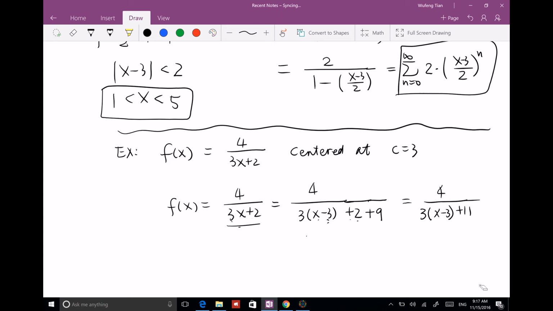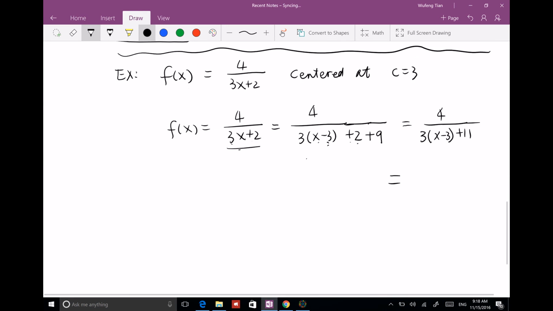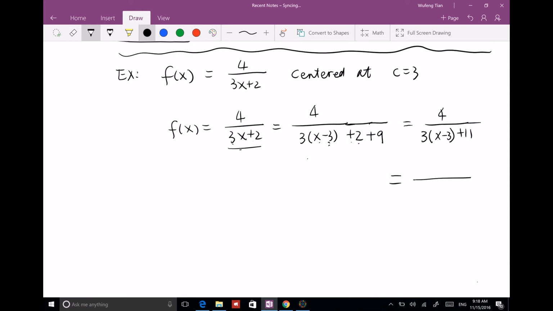So what's the next step? Did you divide it by a constant, which would be 3? I think we need to change the 11 into 1. Oh, you just divide by 11? Yes, so it's 4 over 11, and 11 divided by 11 is 1, plus 3 over 11 times x minus 3.